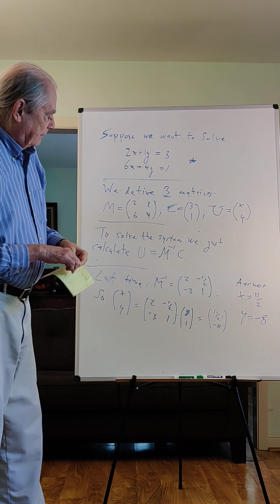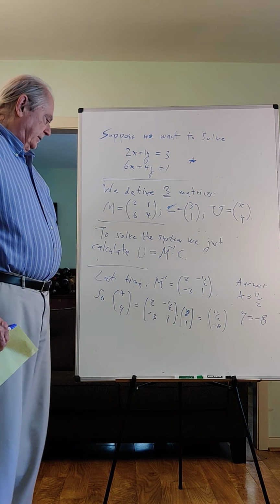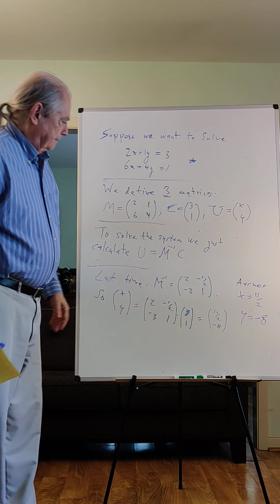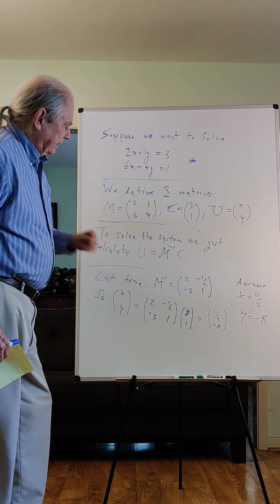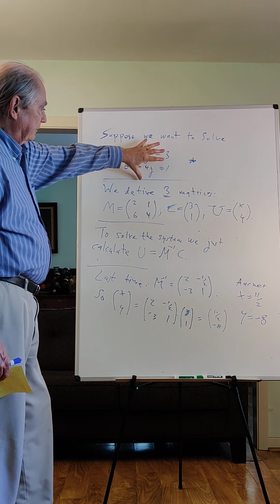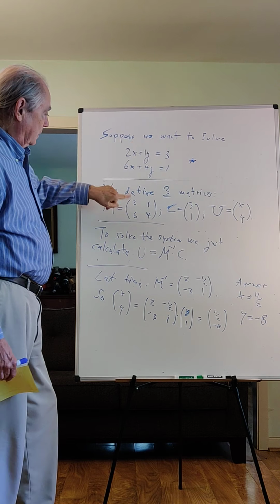Okay, I want to keep these videos short, so I'm not going to stop and prove this for you, but let me give you another example for you to practice. So when you have a 2 by 2 system like this, how can you solve it by this method?